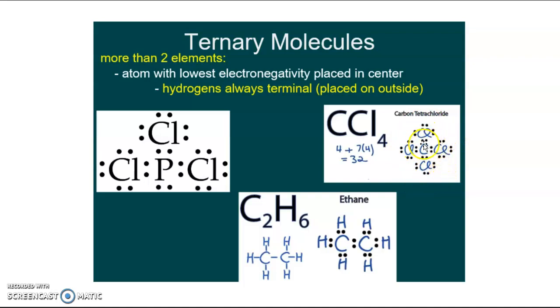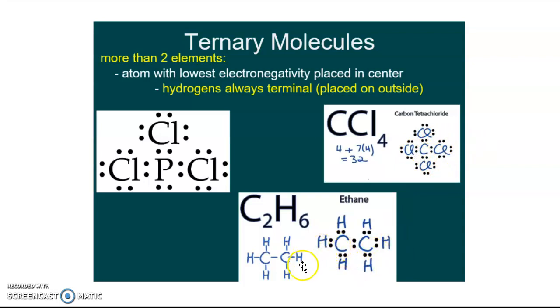We distribute 2 electrons between every 2 atoms and the rest of the electrons around the molecule. And we observe that we have 32 valence electrons in this molecule, and every atom gets the octet rule, as you can see here. Then this representation is fine.